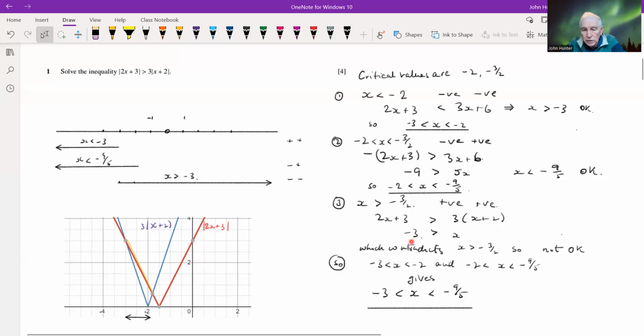So this solution is not valid. So we have to discard that, and what we're left with is this solution and this solution, which we can glue together. x is going to be between -3 and -9/5. So that is basically how we do that.